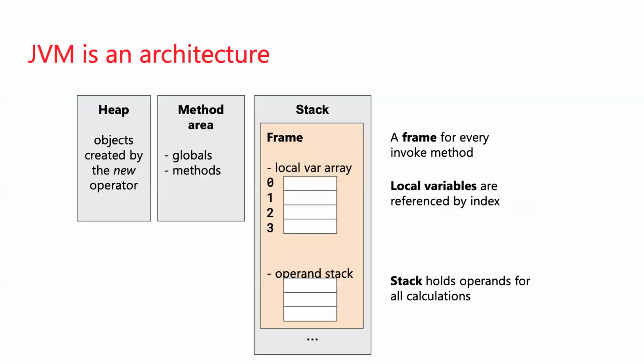Now, the JVM has more than just the ability to execute Java bytecode. There are various regions of storage in the JVM, and that's what this figure is showing. For running code, it's got a stack for operands.